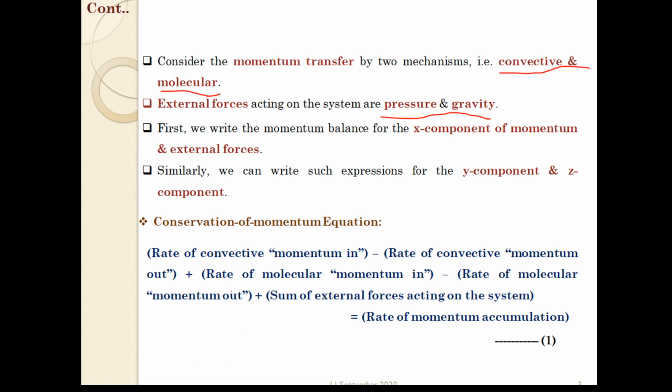And we know the conservation of momentum equation, as I have discussed earlier: the rate of accumulation equals the rate of convective momentum in minus convective momentum out, plus the rate of conductive momentum in minus conductive momentum out, plus the summation of all forces acting on that control volume.